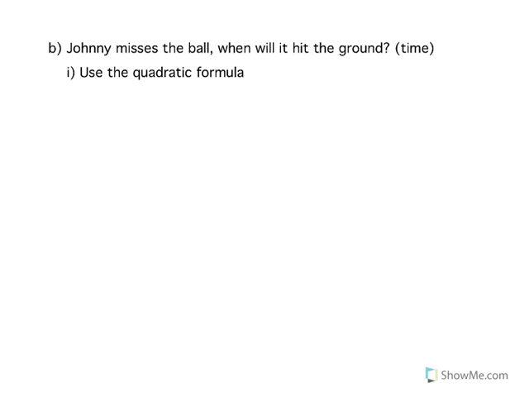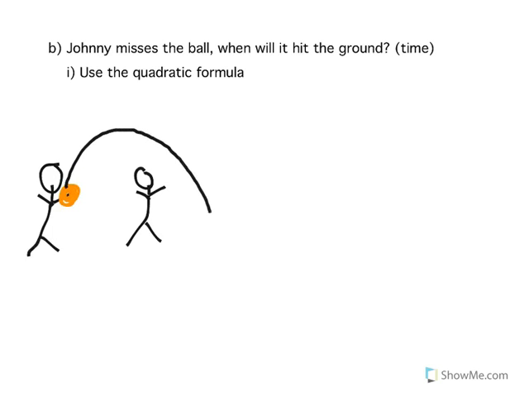This says, Johnny misses the ball. When will it hit the ground? Let's imagine what's happening. We've got a ball that's about 3 feet off the ground because that was the initial height, and it's getting thrown at a friend, but he misses it, and it's going to land on the ground.